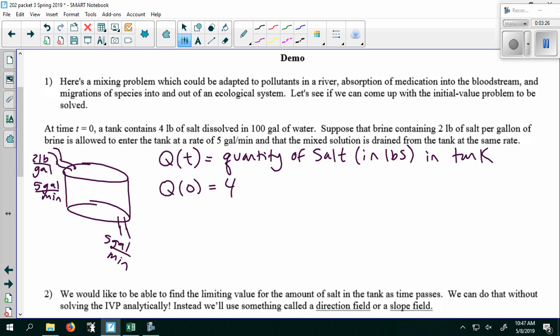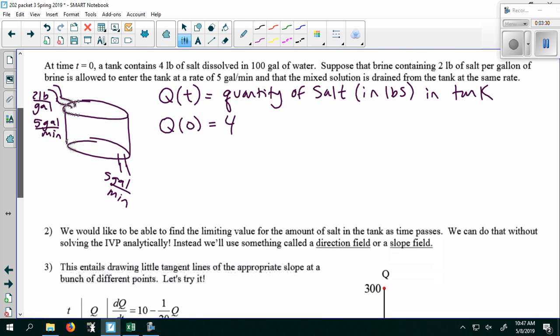All right, so if I want to write a differential equation to represent what's happening here, I'm going to write dQ/dt equals, now I have to figure out the rate in and the rate out. So this is just rate in minus rate out. So salt is entering at some rate and leaving at some rate.